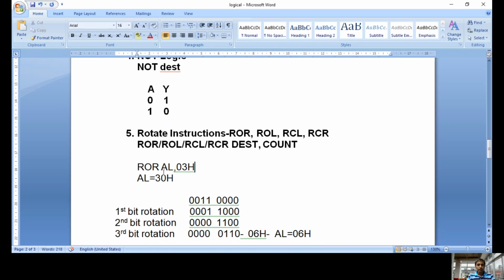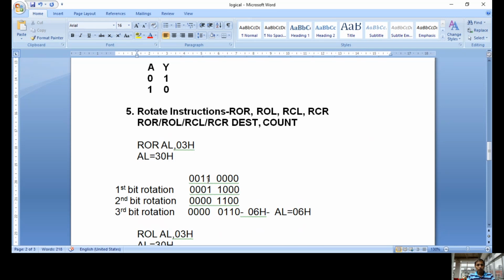In this particular instruction, AL content is rotating right side by how many bits? 3 bits. For example, my AL is 30H. What is the equivalent in binary? 0011 for 3 and 0H is four zeros. So 30H in binary is 0011 0000. Now our aim is to rotate this AL content 3 bits to the right side. Let's see the first bit rotation.